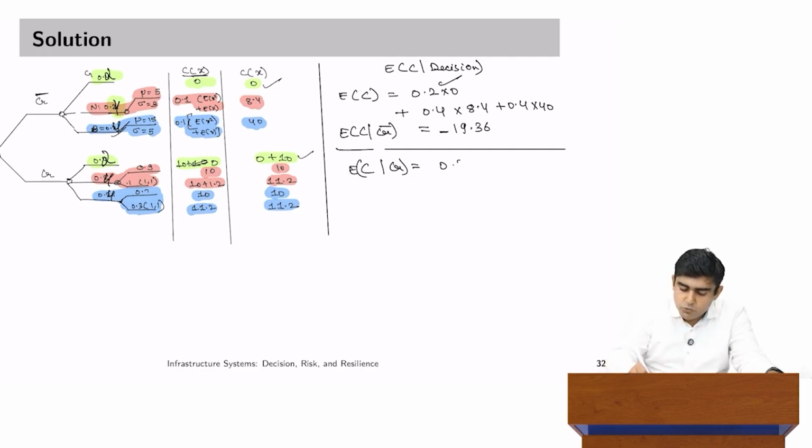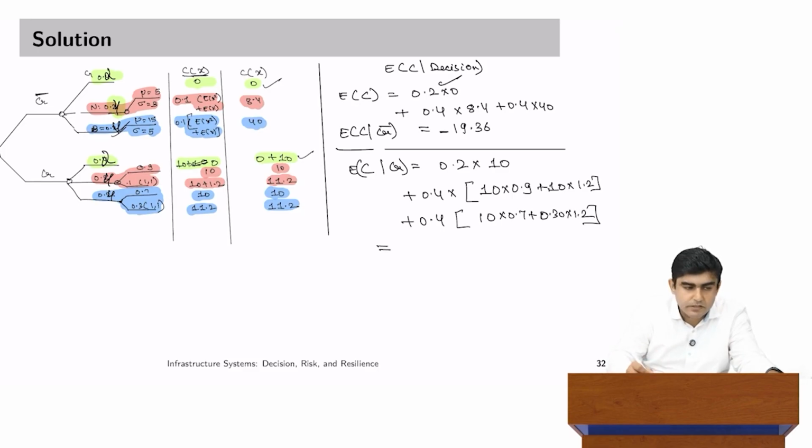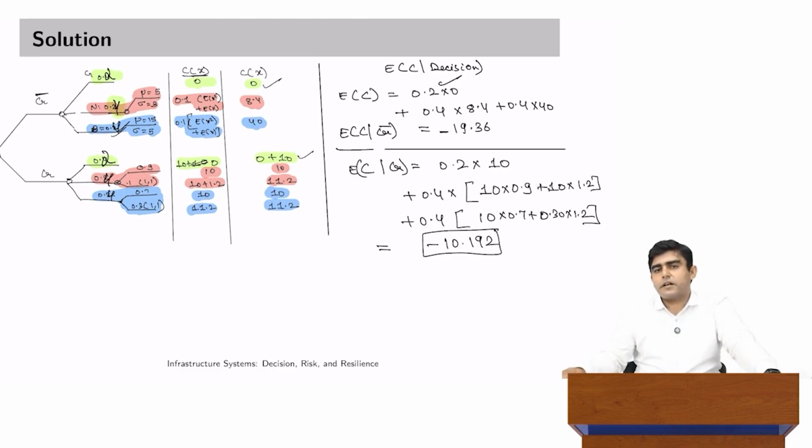So, again 0.2 multiplied by 10 plus 0.4 which represents normal weather multiplied by 10 into 0.9, 90% chance that you will only incur cost of 10 when you have normal weather, plus 10% chance, so 0.1, you can incur cost of 1.2 units, and similarly for bad weather 0.4 into 10 into 0.7 plus 0.3 into 1.2. So, we get an expected cost of minus 10.192.